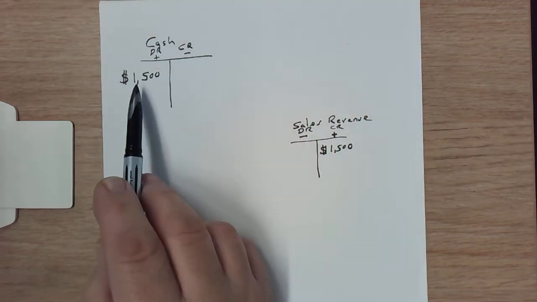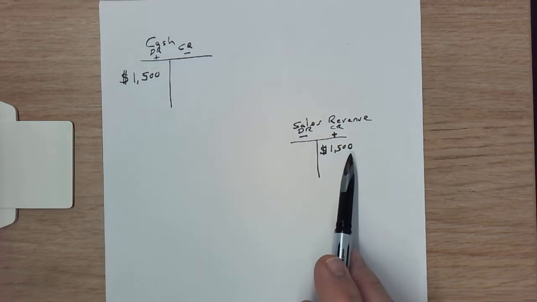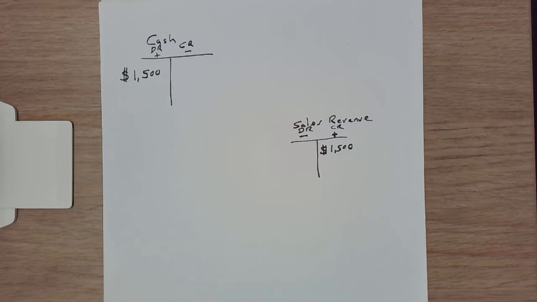So you can see that I've got a debit of $1,500 for cash, and I've got an offsetting credit for sales revenue of $1,500. We'll get into the journal entries in another video, but I wanted to show you at least the T accounts on that.